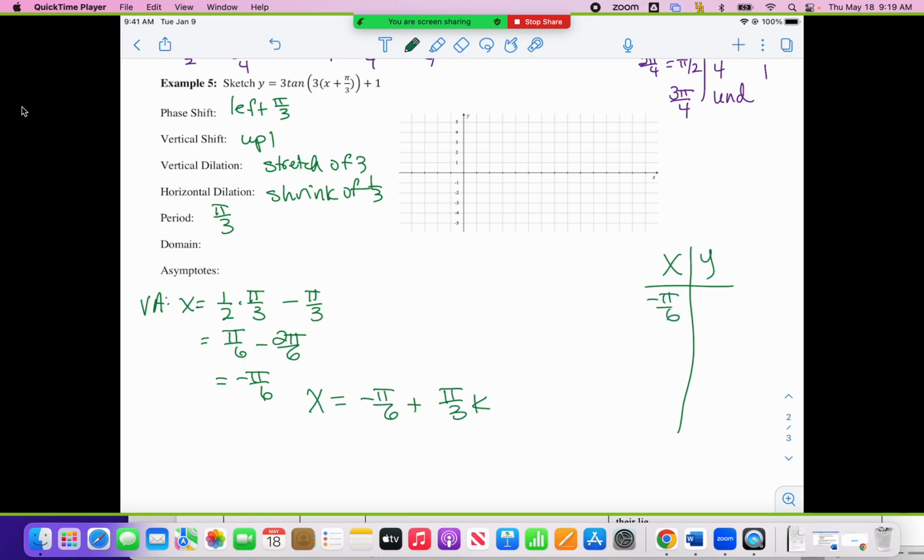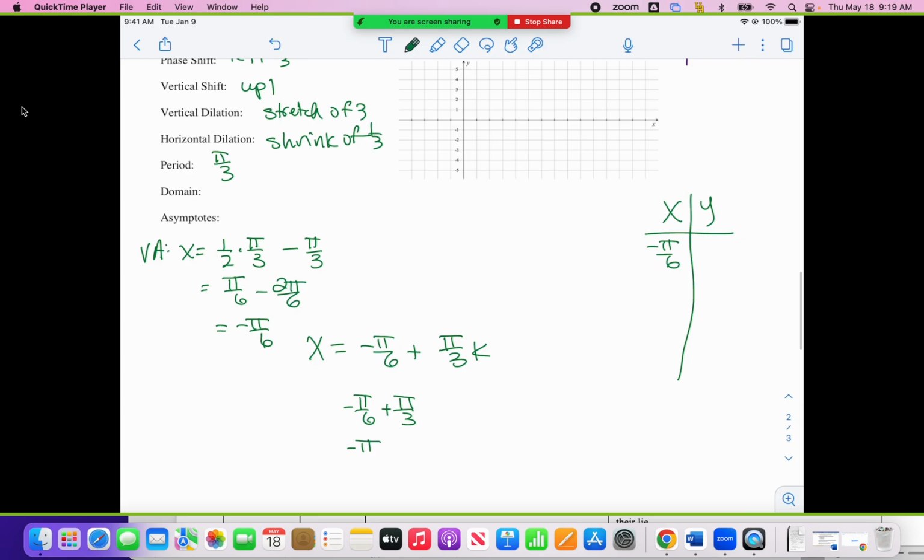So even though that's going to be our first one in our table, that's beautiful. The first one is negative pi over 6, but could we add pi over 3 to find the first positive one? So that's going to end here at pi over 6. Oh, that's kind of nice, isn't it?